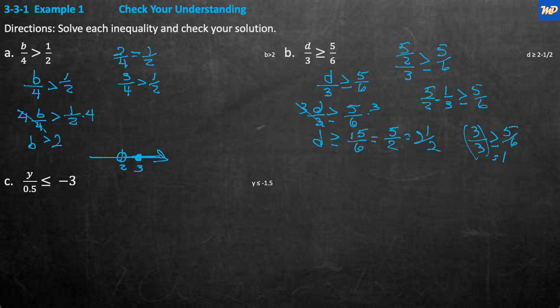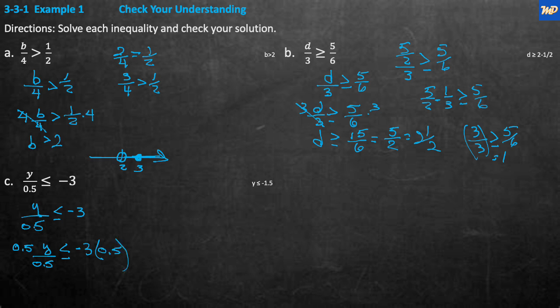Okay? And now the last one. Same thing. y divided by 0.5 is less than or equal to -3. So multiply both sides by 0.5. So we'll have 0.5 times y divided by 0.5 is less than or equal to -3 times 0.5.